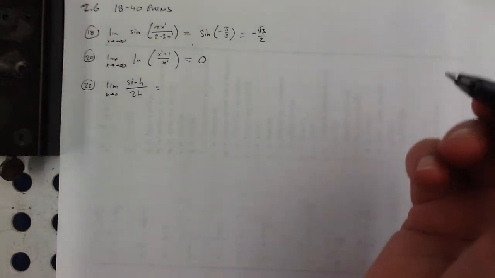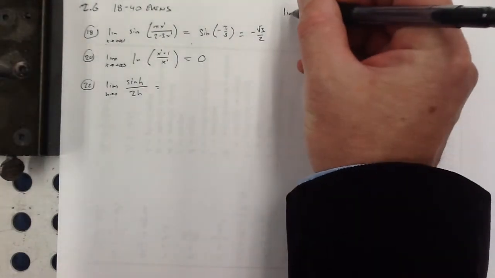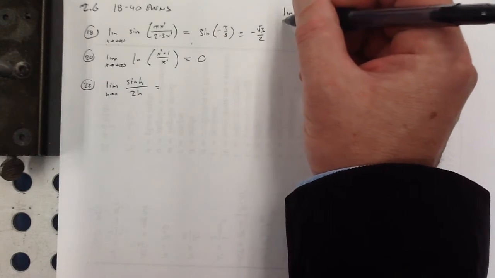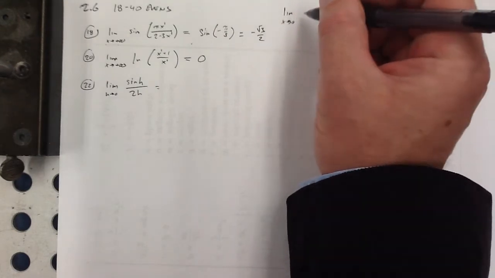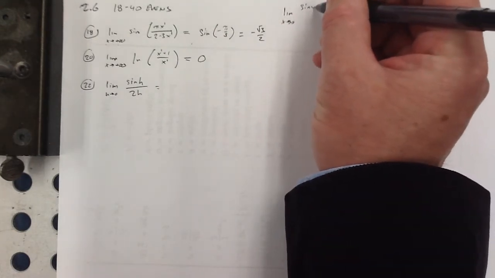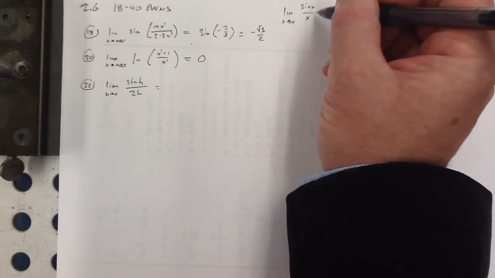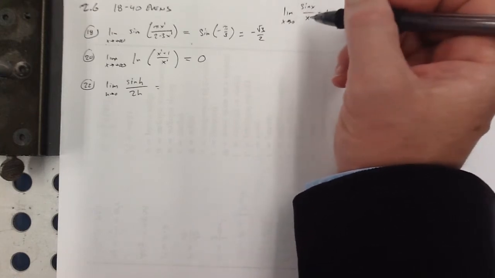I'm trying to remember where you guys are at and what you know about limits of trig functions. So in your notes for this section, one of the things that we got is the limit as x approaches 0 of sine x over x. This is the thing you got from that little squeeze theorem proof, which you don't need to know how to reproduce.